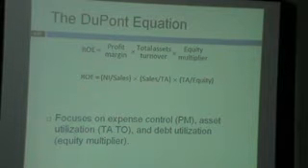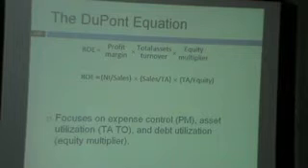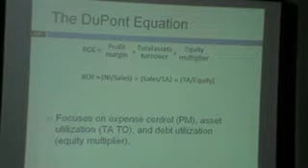Okay, DuPont equation. Basically, this equation is, if you can see, simply return on equity. But what we are doing here to calculate this return on equity, we are multiplying profit margin with total asset turnover with equity multiplier. Profit margin, we know the formula: net income divided by sales.